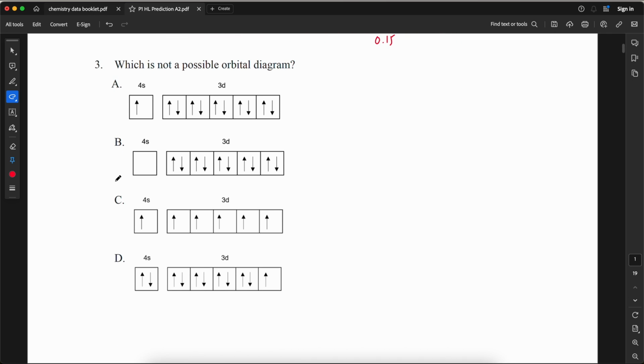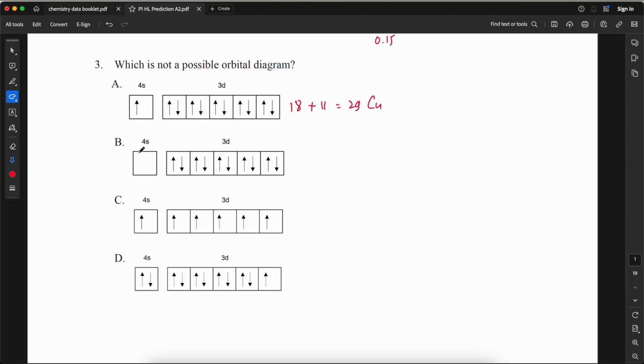Okay, which is not a possible orbital diagram? As you can see here, the number of electrons, because it reached 4s and then 3d10, so it's full filled. So 4s1 3d10, that would be 18, okay, Ar, plus 11, so that would be 29, so it's Cu.